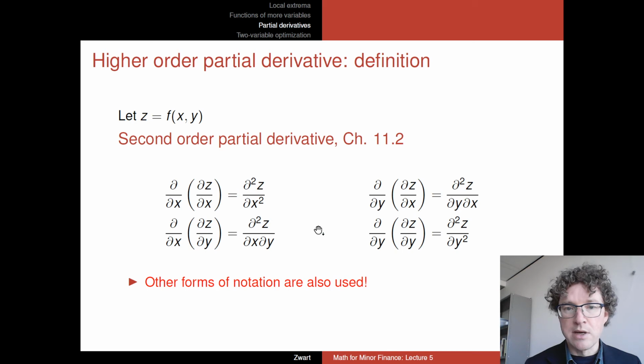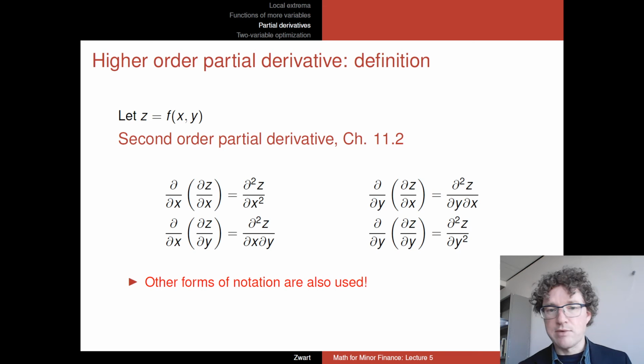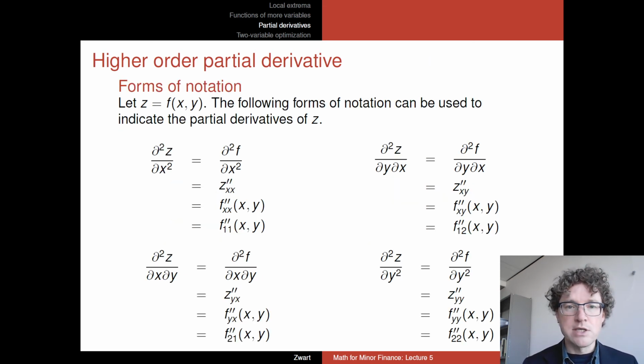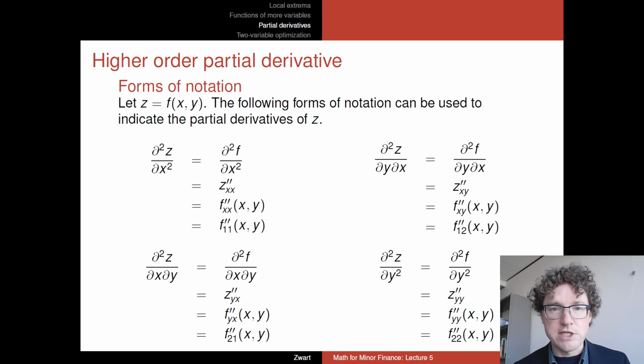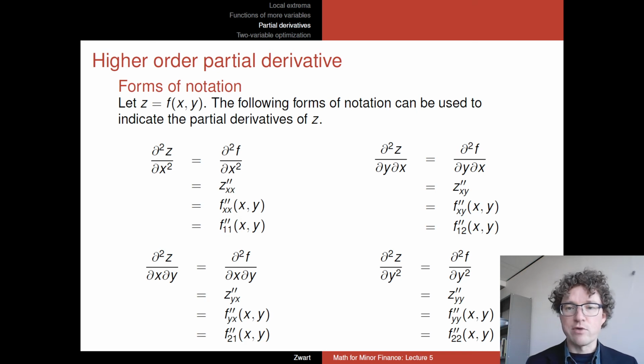And basically the ways of notation, like this one for instance, you see here the d squared of z divided by dy squared essentially is the notation that we typically use here. Some other forms that you might sometimes see are here, which are sort of generalizations of the same sort of notation that I saw before, but I think these ones basically are by far the most common that we'll see.